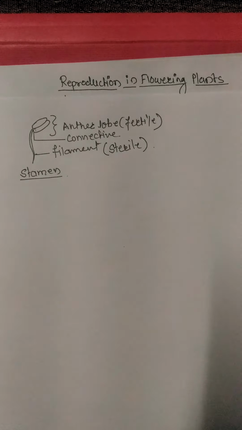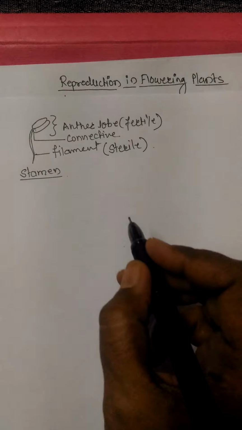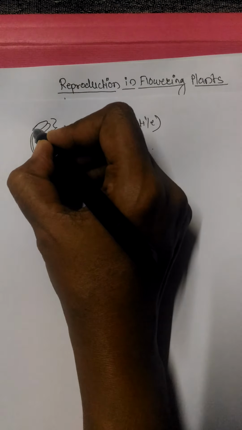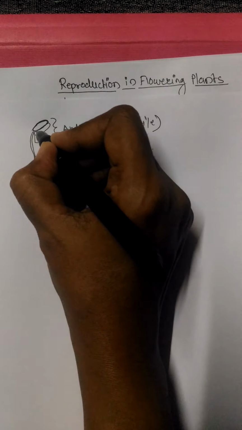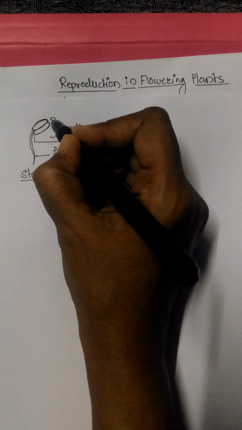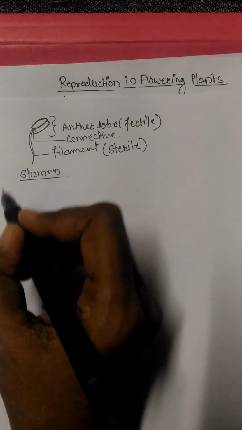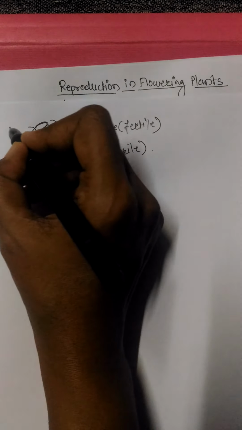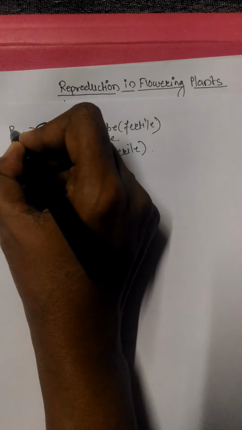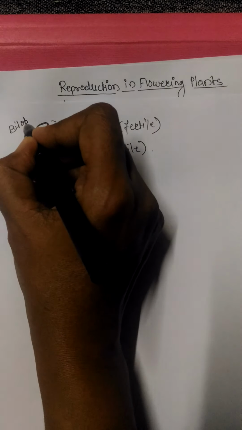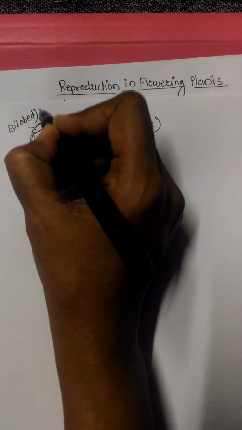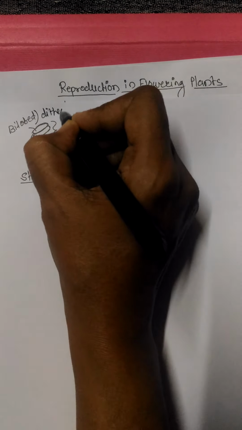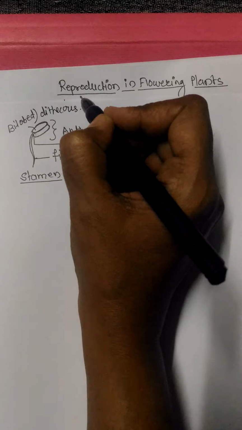Then the anther contains two lobes, that is first lobe and second lobe. This is first lobe, this is second lobe. This two-lobed structure is known as bilobed or diathecous structure.